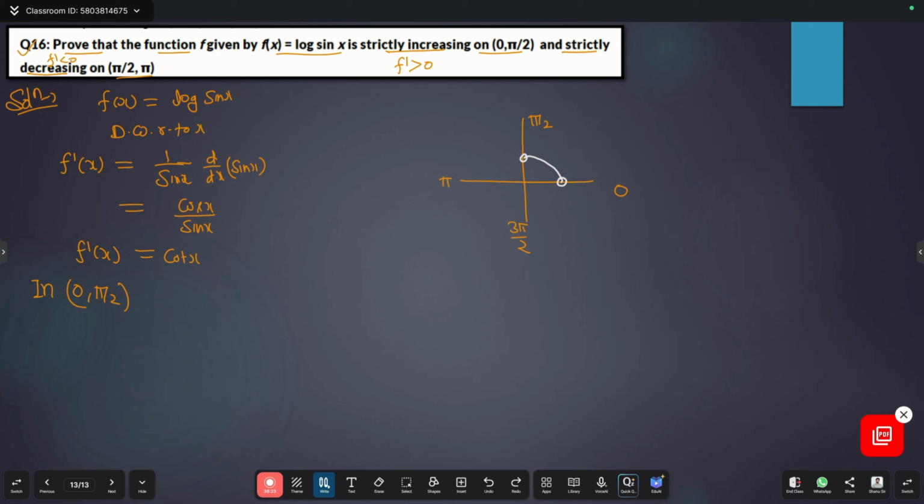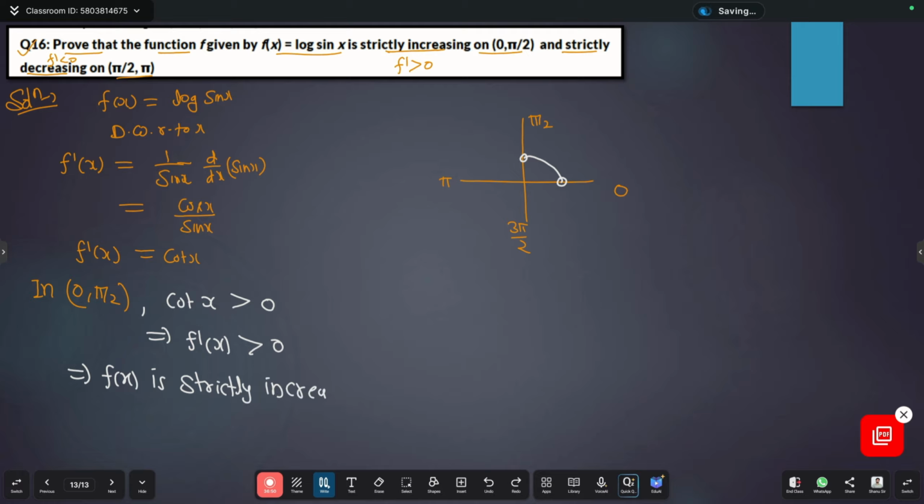So obviously in 0 to pi by 2, cot x is greater than 0, and cot x means f'(x). So f'(x) is greater than 0, which means the function is strictly increasing. It implies f(x) is strictly increasing on 0 to pi by 2.